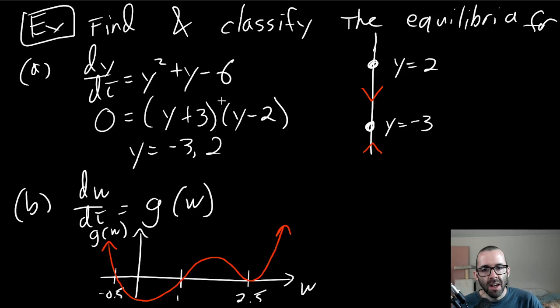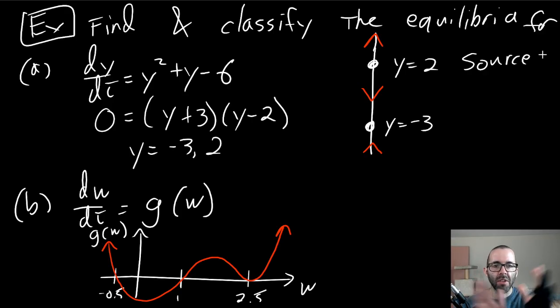If y is positive 5, positive, positive, positive. Derivative positive, function's increasing. So we can see that y equals 2 is a source. Things are flowing away from y equals 2. y equals -3 is a sink. Things are going towards it.